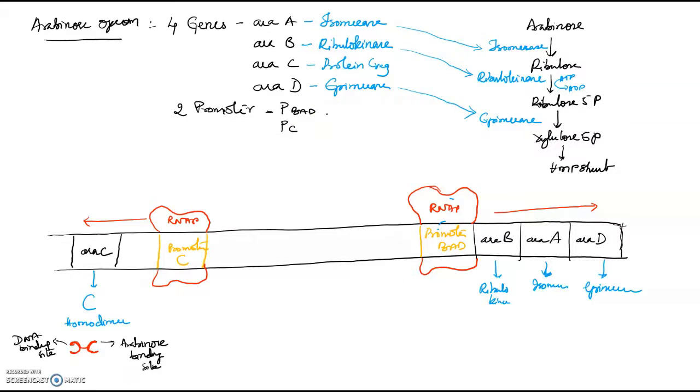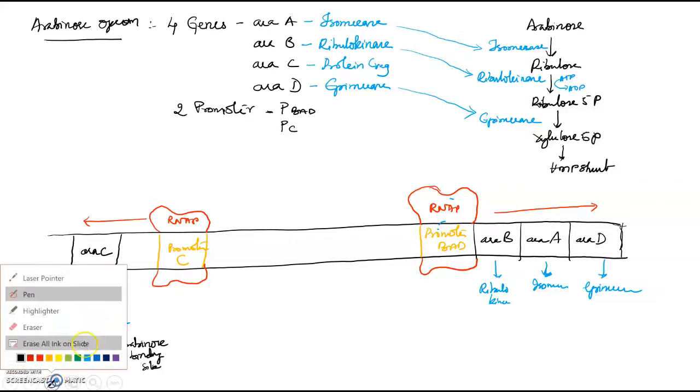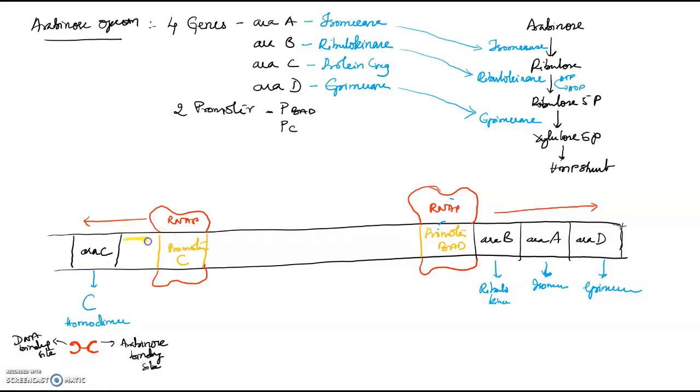Then apart from this, what all are there? Then there are two operator regions, operator region 1 and operator region 2.